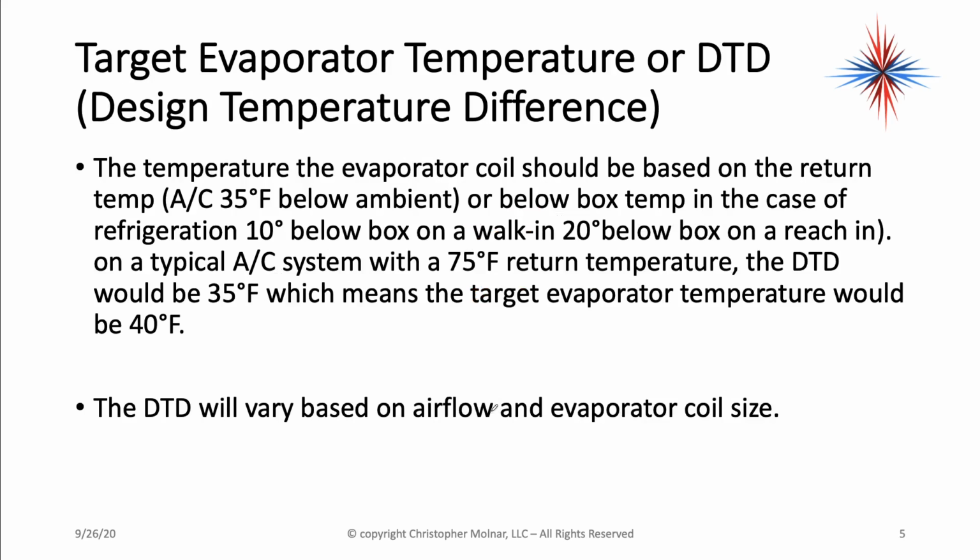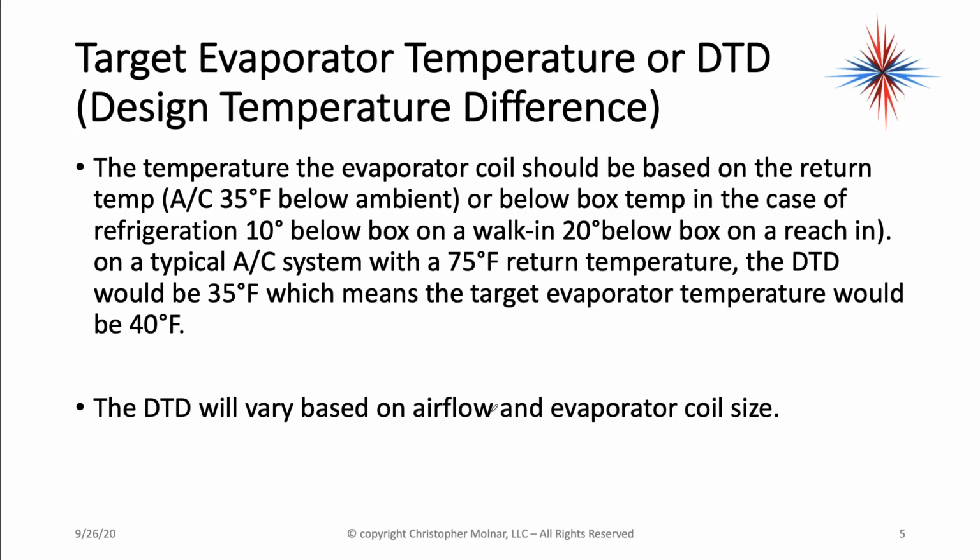Okay? The next thing we're going to look at is the target evaporator DTD, design temperature difference. It's the temperature the evaporator coil should be based on the return air temperature. Okay? Air conditioning about 35 degrees below ambient, or in the case of a refrigeration system, about 10 degrees below the box on a walk-in, 20 degrees below the box on a reach-in.